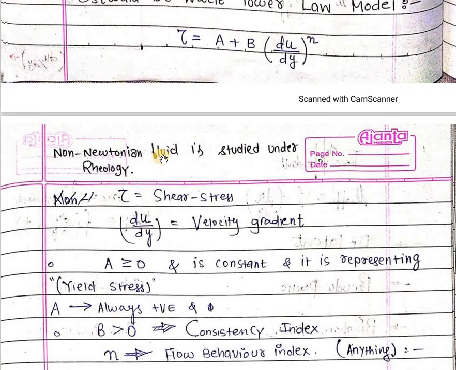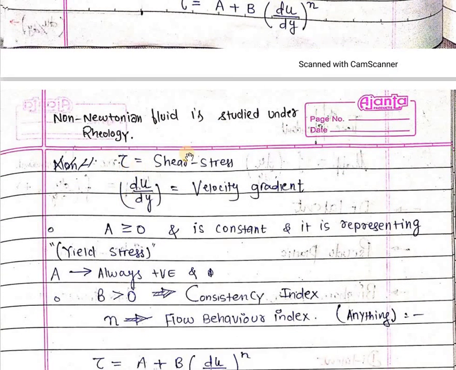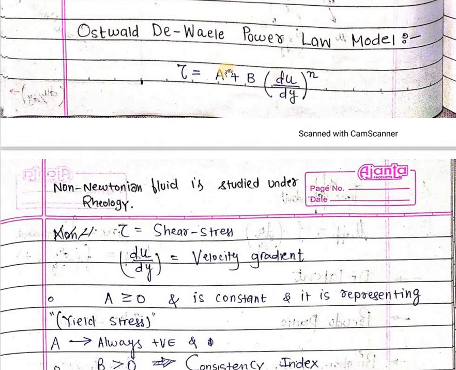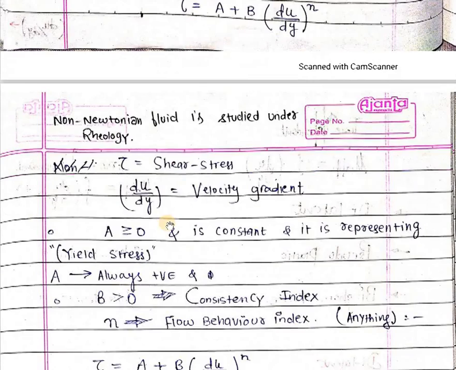We know that non-Newtonian fluid is studied under rheology. So we want to convert this empirical relation into some relation that is somewhat related to the Newtonian relation. Here du upon dy is the velocity gradient. n is the exponent which has some value.